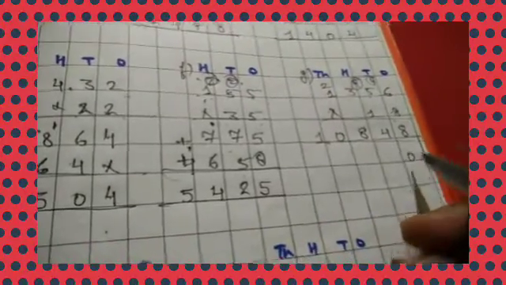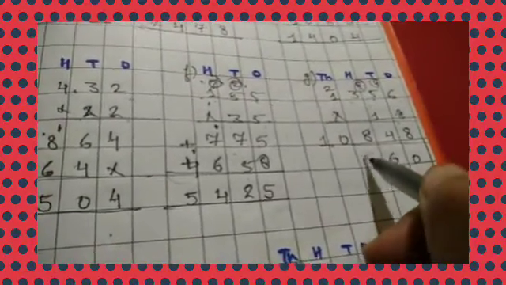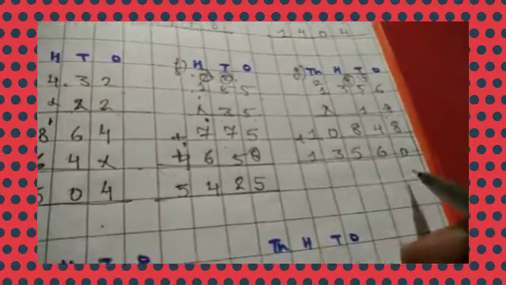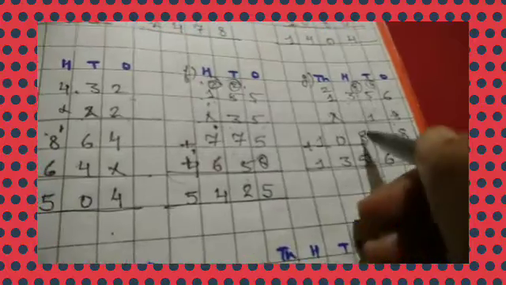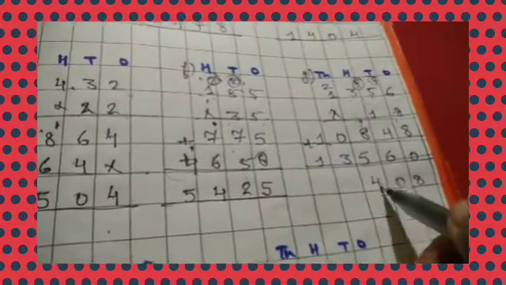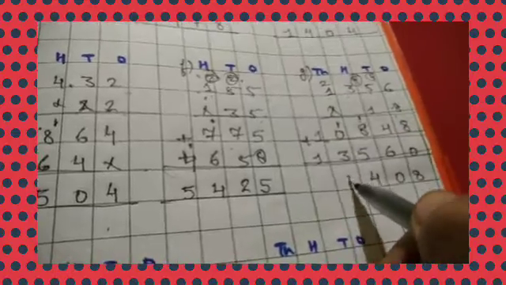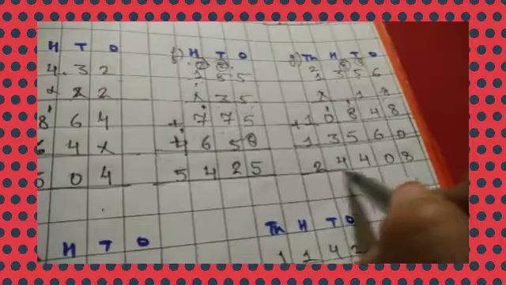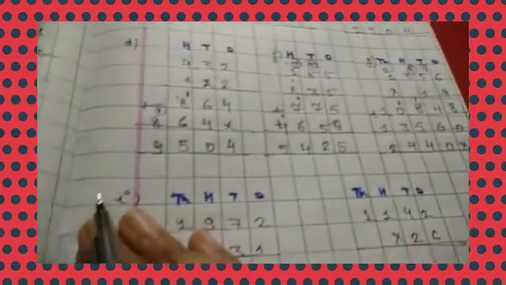Okay, now put a cross. 1 6 is 6, 1 5 is 5, 1 3 is 3, 1 1 is 1. Now add this up. 8 and 10 is 0, 1, 8 and 1 is 9 and 5 is 14, 4 carry 1, 3 and 1 is 4, 1 and 1 is 2. So answer is 24,408. This is our answer.